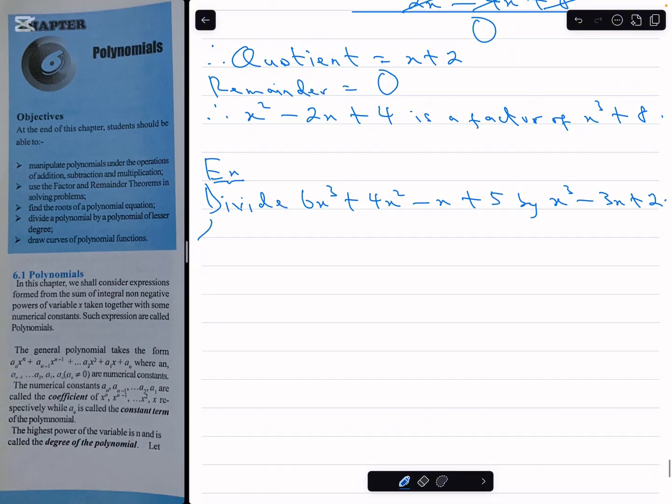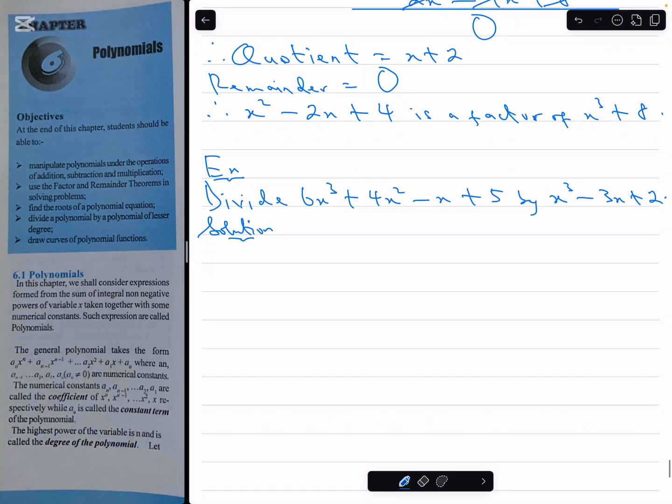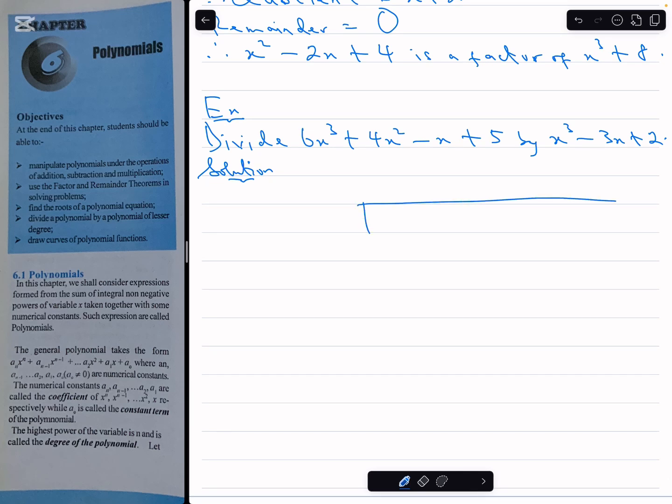Let's go to the solution. What will be the quotient and remainder? The dividend is 6x cubed plus 4x squared minus x plus 5, and the divisor is x cubed minus 3x plus 2.